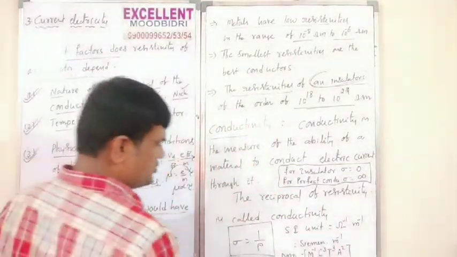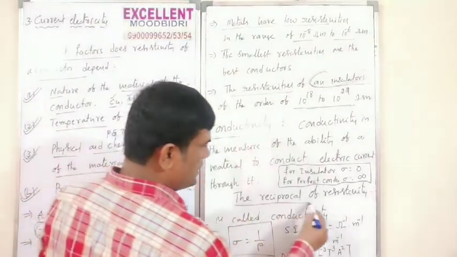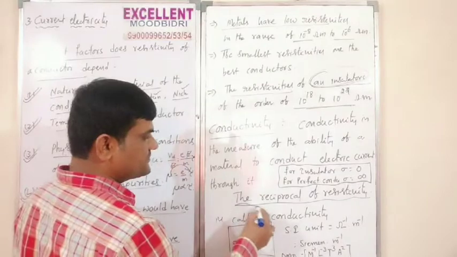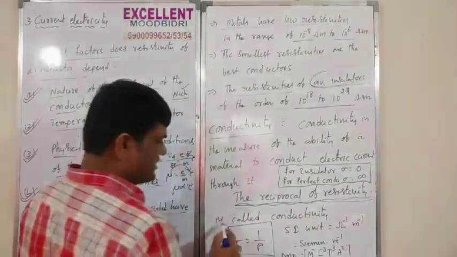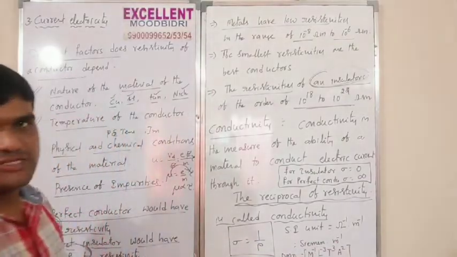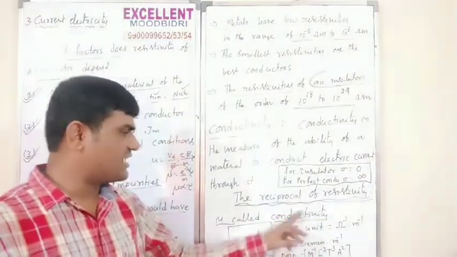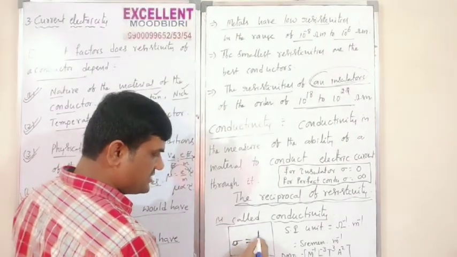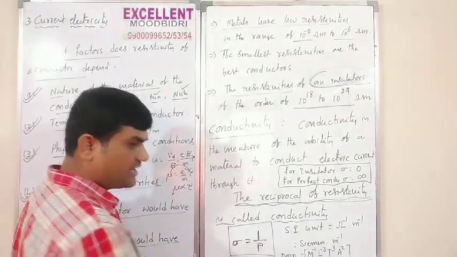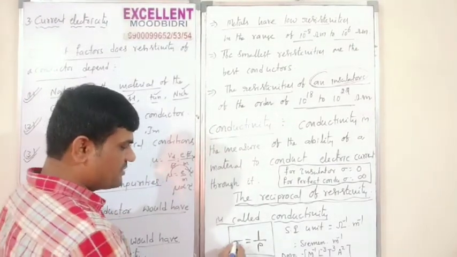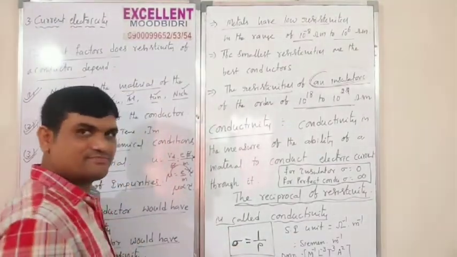The reciprocal of resistivity is called conductivity, which is represented as sigma. Sigma is equal to 1 by rho. So 1 by rho means conductivity.